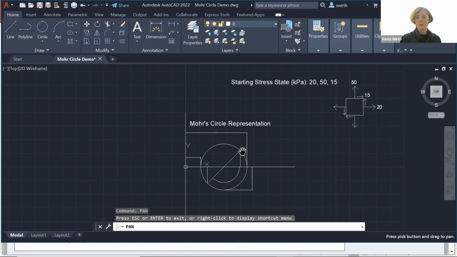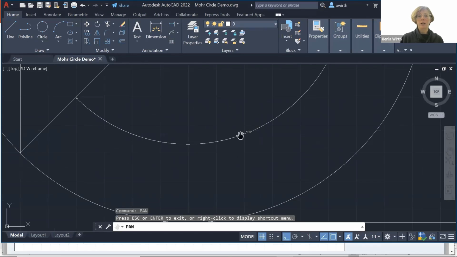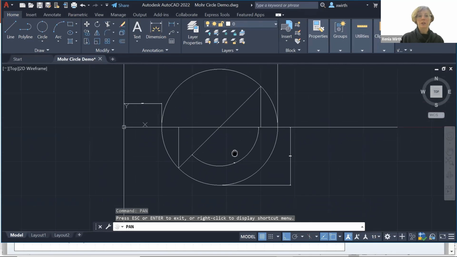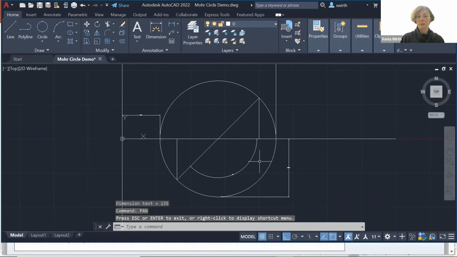So just by virtue of plotting the initial stress state on a circle, I have gained an extra 90 degrees worth of rotation. So please keep in mind that this value, 135 degrees, is 2 times the angle of the principal stress plane.